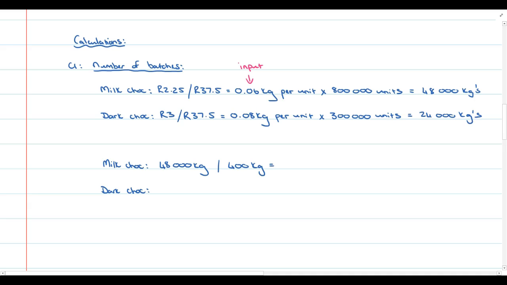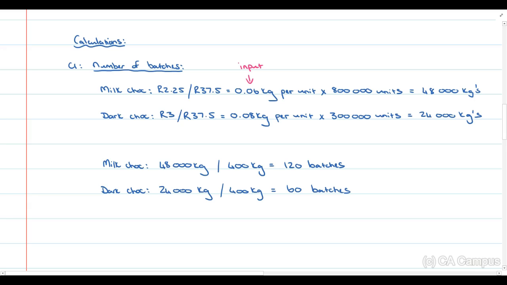So that means there will be 120 batches. For dark chocolate, they are going to input 24,000 kilograms of cocoa beans into the production process. So if there are 400 kilograms in each batch, that is going to give us 60 batches.